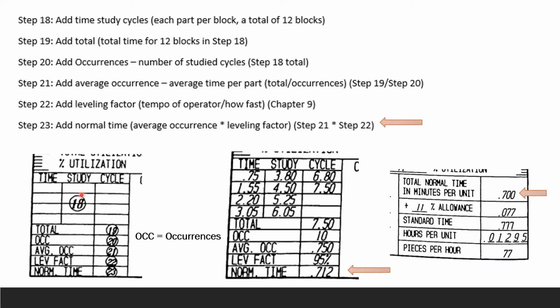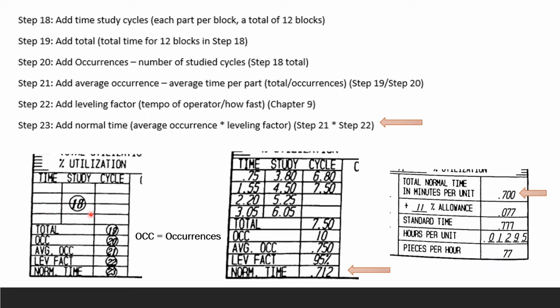The very first one is your step 18. You're going to add the time study cycles, and that's for each part. Every part, you're going to measure what that operator is doing with that part and how much time the operator is spending for that part, whatever operation they're doing, one by one.